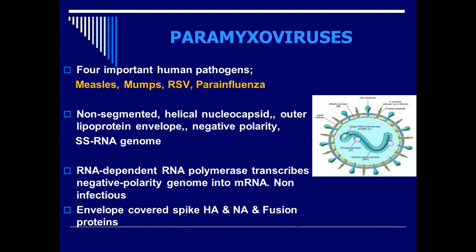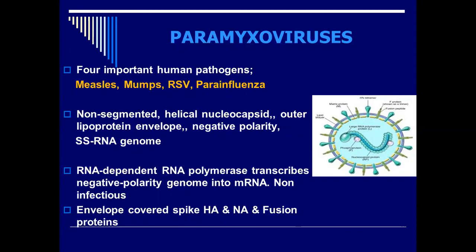Now, if you look at orthomyxoviruses, that signifies the influenza virus, they were segmented. They had 8 segments, whereas in the paramyxoviruses, all of these, the measles, the mumps, the RSV, and parainfluenza, have just one piece of the genome.